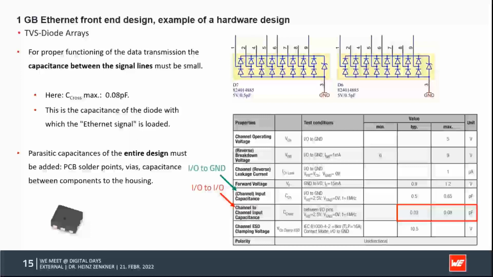This is the capacitance which impacts your signal, not that one, the channel input capacitance. That one is to the ground, where we want to filter or clamp to. The C cross capacitance is the important one, which impacts your signal. If it is too large, the signal will be attenuated, will be damped.